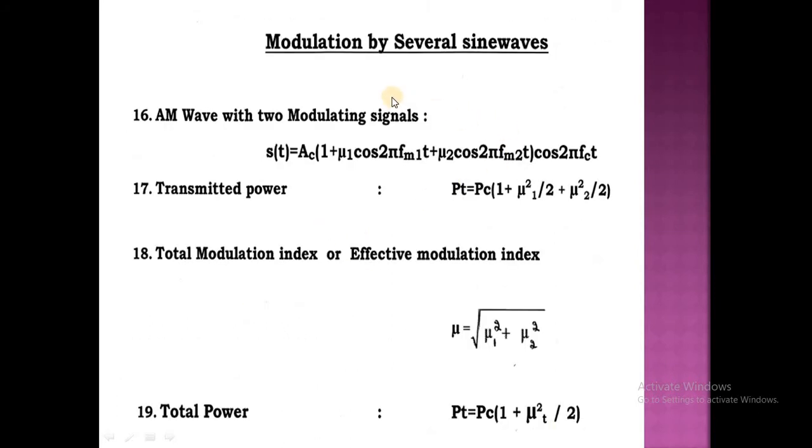Modulation by several sine waves is multi-tone modulation. So AM with two modulating signals: if the analog modulation has two message signals, then we use this particular formula.